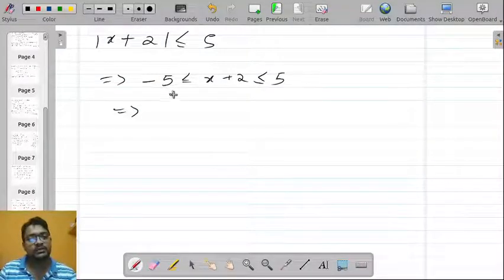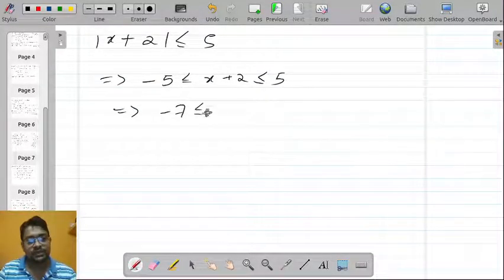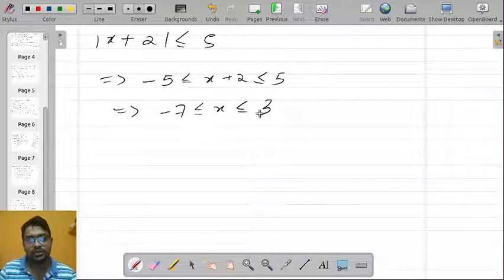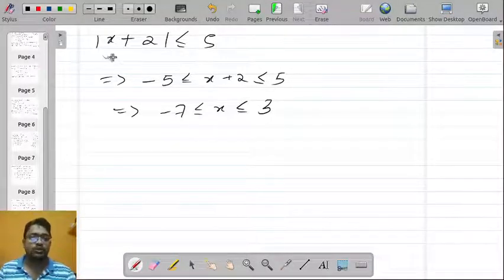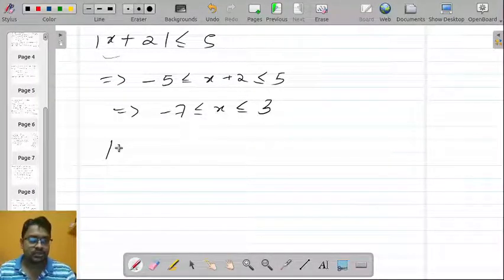Okay, and then just shift the side. So minus 7 less than or equal to x less than or equal to 3. So if mod of x plus 2 is less than or equal to 5, then x lies between minus 7 and 3.